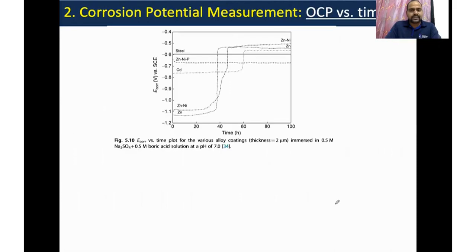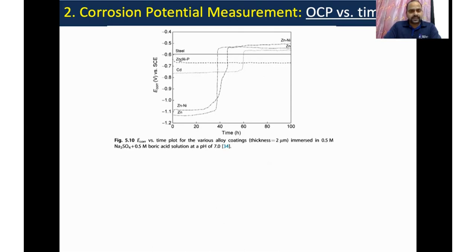So I think I would stop here. Today we have just talked about one topic, that was the corrosion measurement by the electrochemical polarization method. In the electrochemical polarization method, first of all, we calculate the value of corrosion resistance or polarization resistance, and polarization resistance is the measure of slope when we are plotting the current versus voltage when your overvoltage is very small.